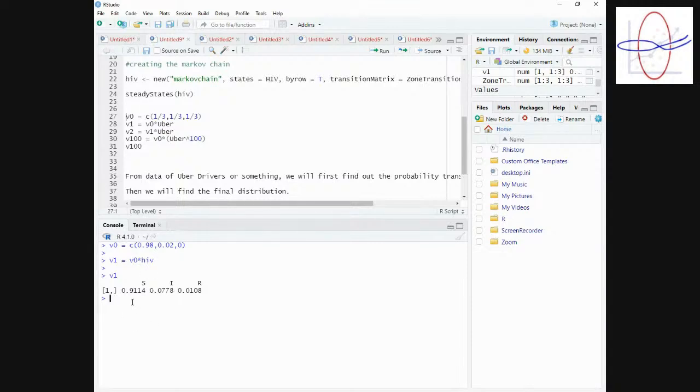If you ask me why I am multiplying this way, it is because the vectors here are in transpose format. Like if x is equal to A y, then x transpose is equal to y transpose A. So here pi 1 transpose is equal to pi 0 transpose into the matrix transpose.